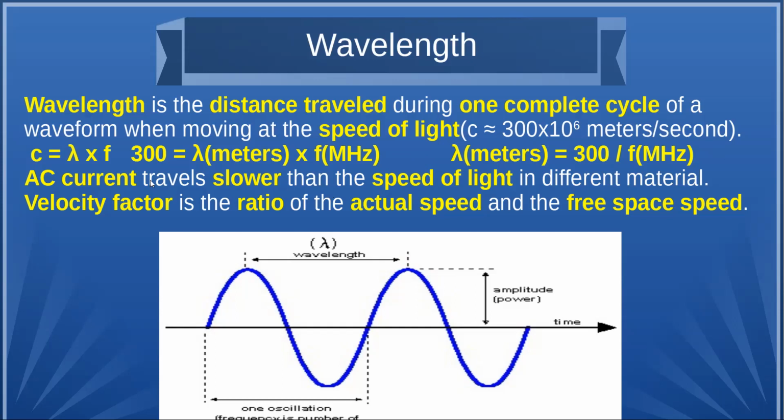When we're actually talking about circuits, the waveform travels slower than the speed of light. And we have a thing we call velocity factor, which you'll see when we talk about coaxial cable or even wires. To figure out the wavelength, you need to know what the velocity factor is.